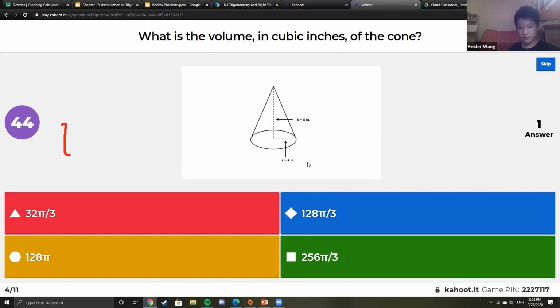What? You have to divide by 3, but... Oh, okay, I see.